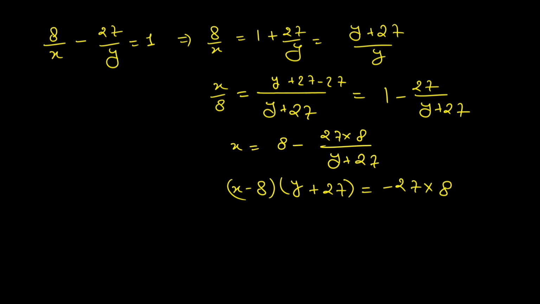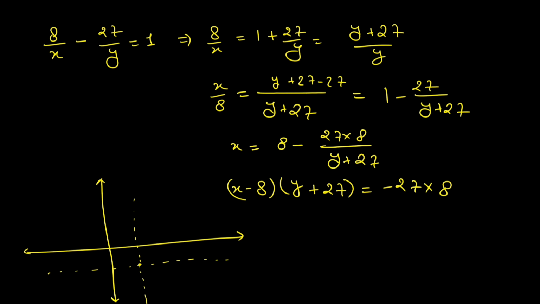Nice. Now what will happen? How can we solve this question? This time the graph which we will obtain will look something like this. Here the center is 8 comma minus 27, so somewhere here we will get the center. And since here it is a negative sign, the graph will be something like this, somewhere like this, right?